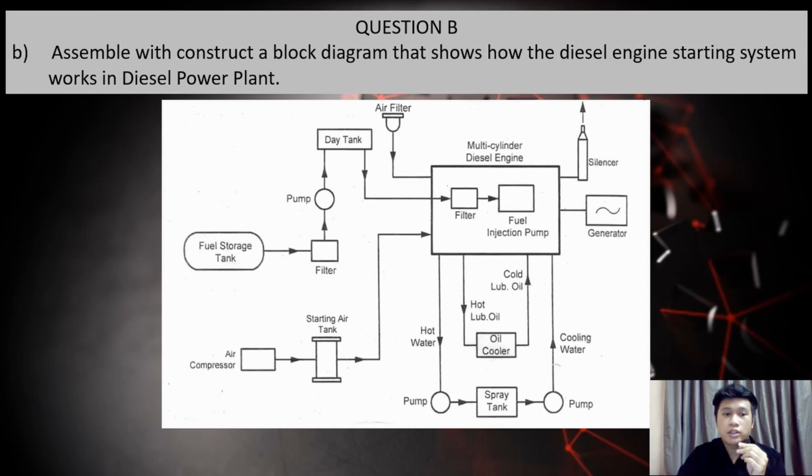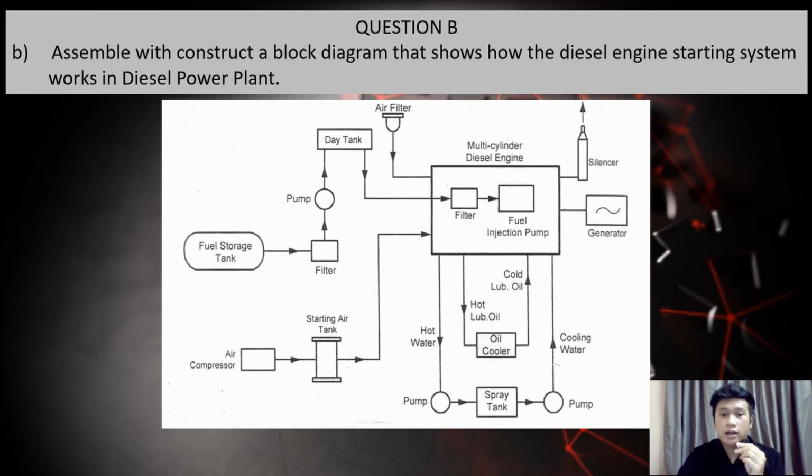Okay, the working principle of the diesel power plant. The air and fuel mixture acts as a working medium in a diesel power plant. The atmospheric air enters the combustion chamber during the suction stroke and the fuel is injected through the injection pump.